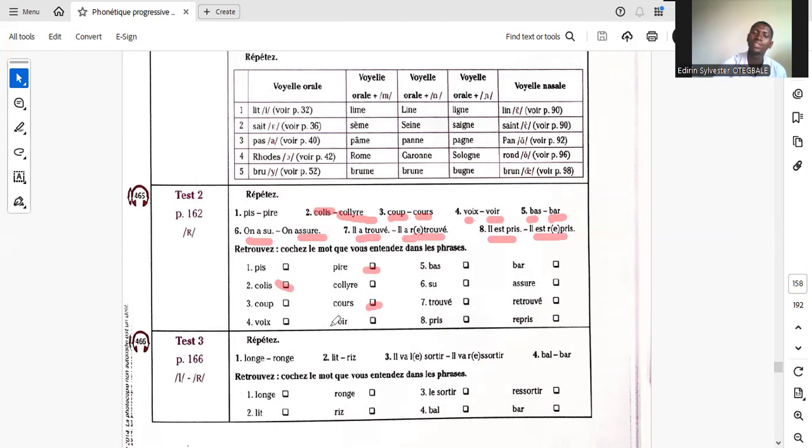C'est à voir. 5. Il est au bas de l'échelle. 6. On a su tout ça. 7. On l'a trouvé. 8. Il l'a repris.